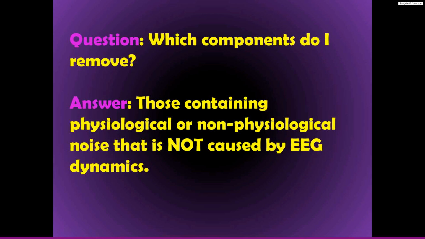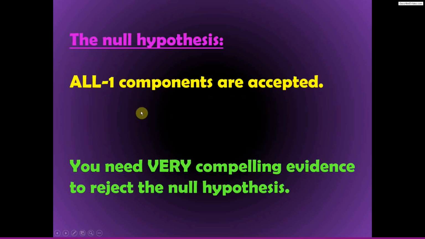That's like eye movements and EMG, so muscle activity, maybe EKG, heartbeat related artifacts. These are actually real EEG dynamics, but they're not generated by signals in the brain that we want to care about. So that seems very easy. In practice, it's unfortunately a bit difficult to know exactly which components to remove.